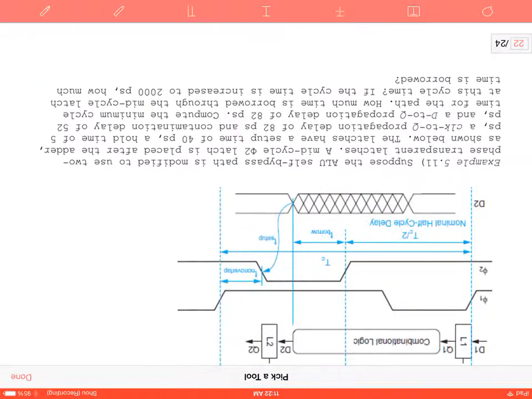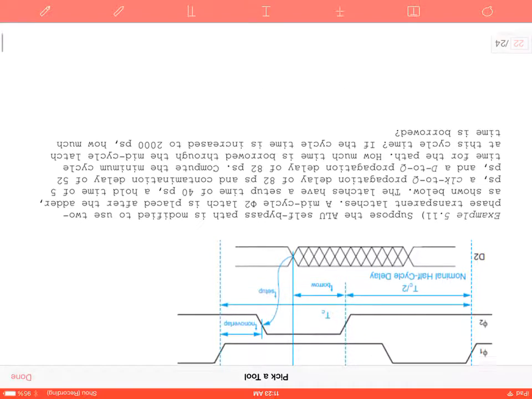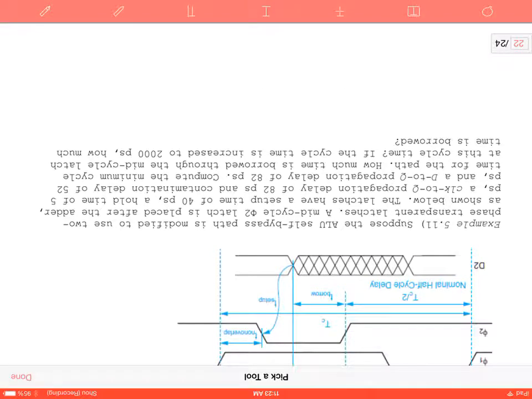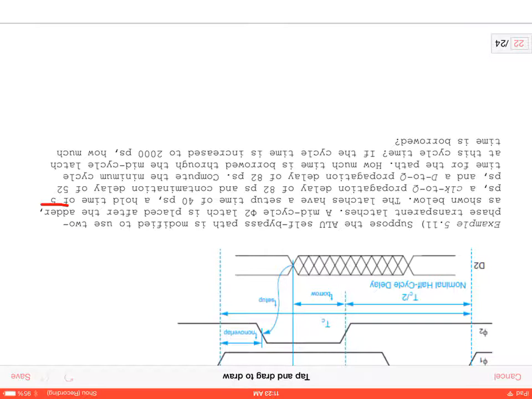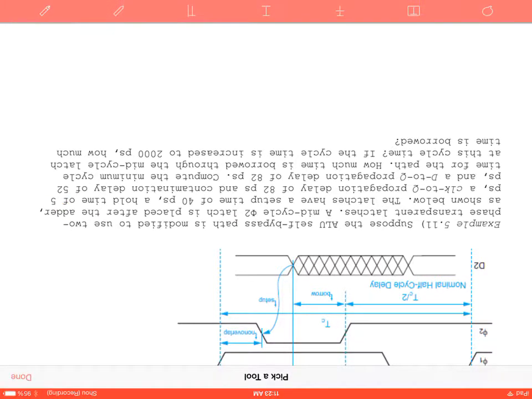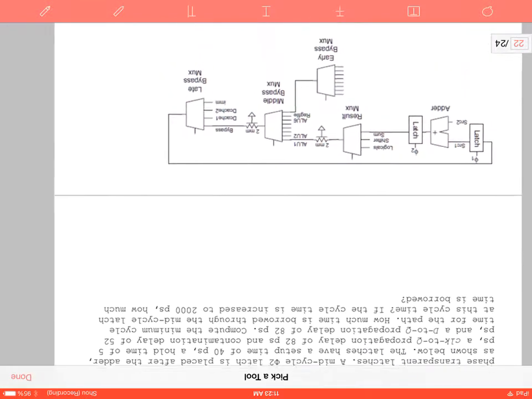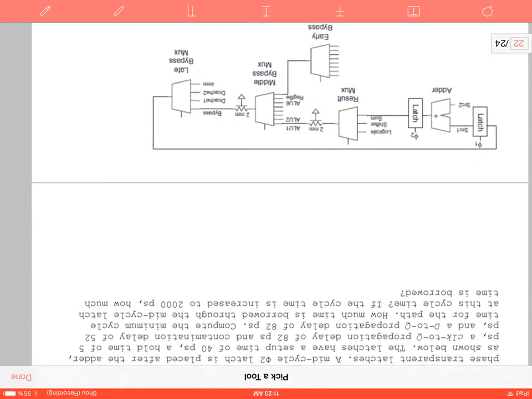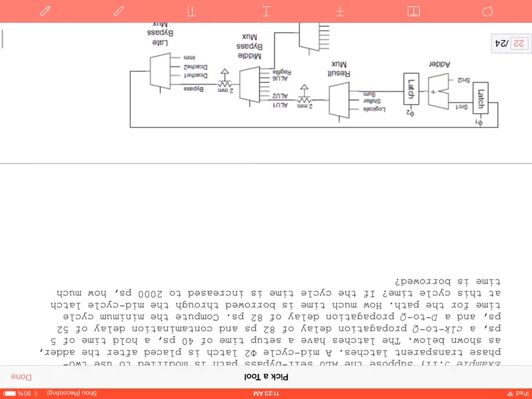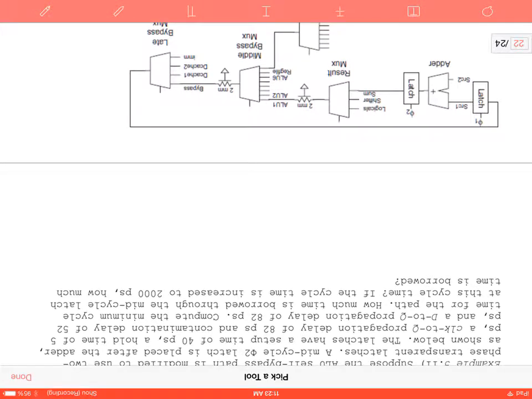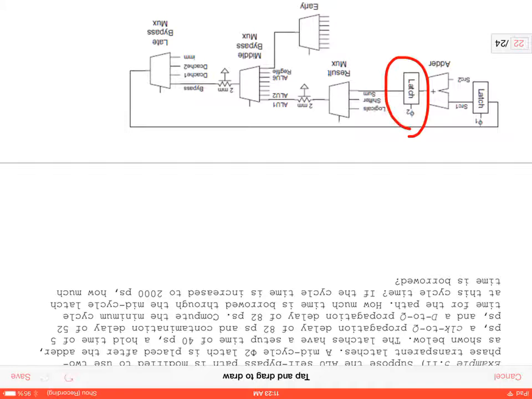And so let's go back to our ALU self-bypass path again. We have modified it to have a two-phase transparent latch. A mid-cycle phi 2 latch is placed after the adder, as shown below. So we can zoom out here. We have our adder, and we've replaced it with our two-phase latch here.